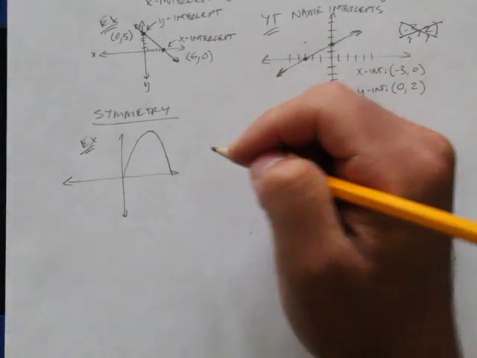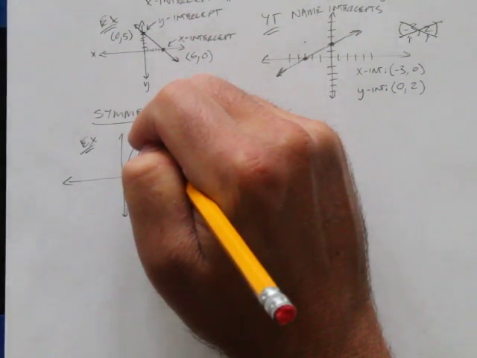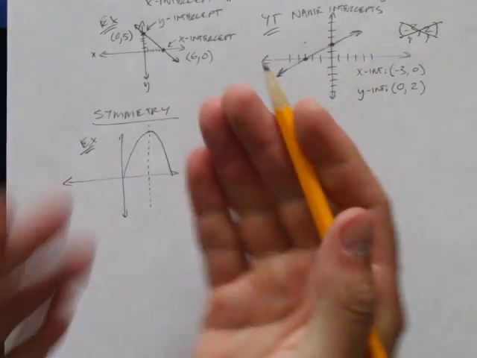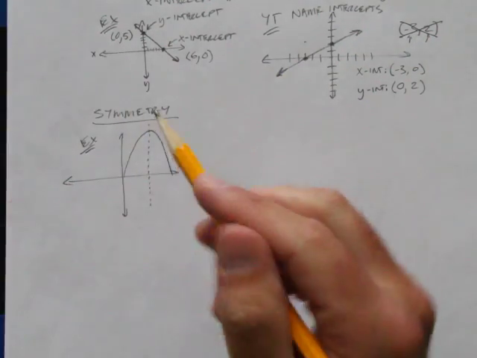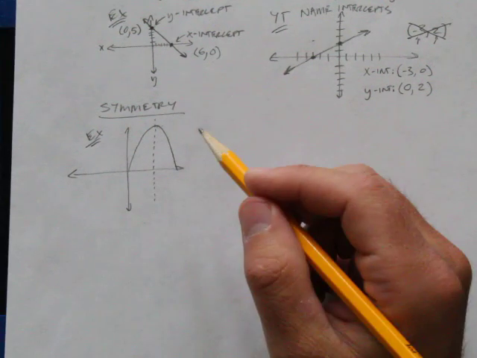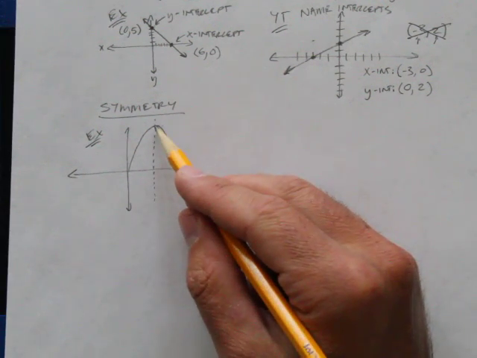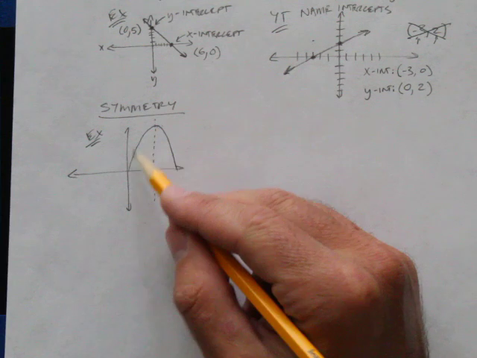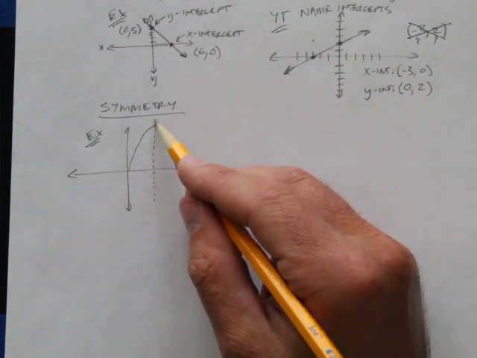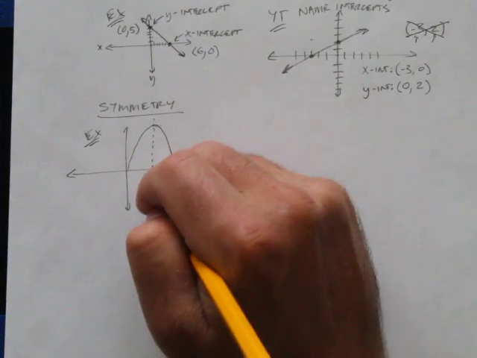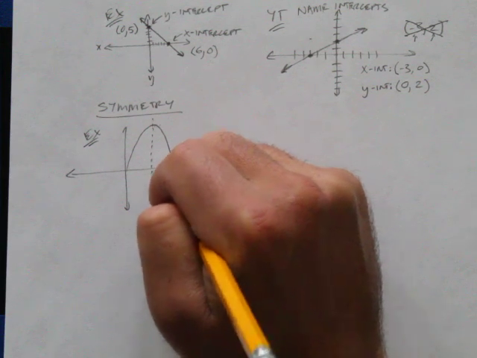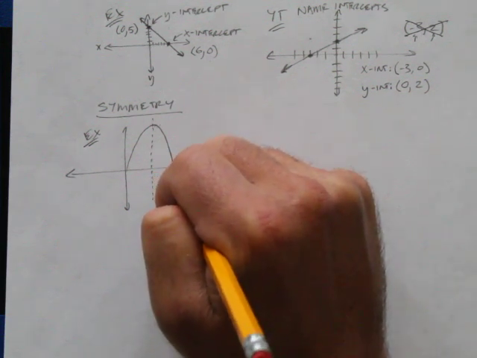Now for this graph, if we were to draw a line right down the middle of it and fold this paper on top of itself, this side would fold right on top of this one perfectly. So this side is a mirror image of this side. So this is symmetrical, and right here in the middle, where the mirror would be, that is called the line of symmetry.